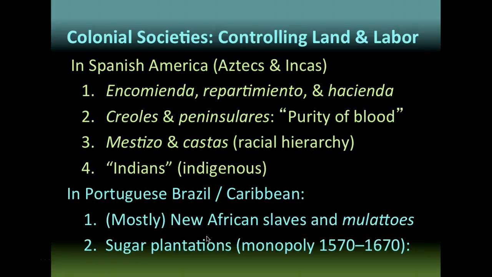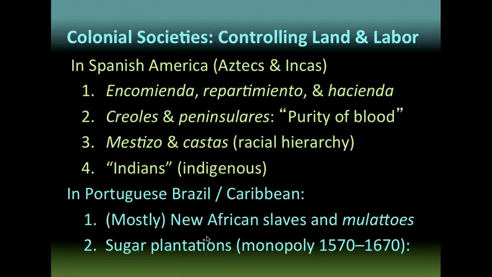And these people are working in sugar plantations. Sugar is brought to Europe from Muslims who end up sweetening things like tea and coffee and chocolate. All of a sudden, Europeans become crazy addicted to sugar because it's delicious. But sugar plantations are very challenging and a lot of intensive labor to grow sugar and process sugar.